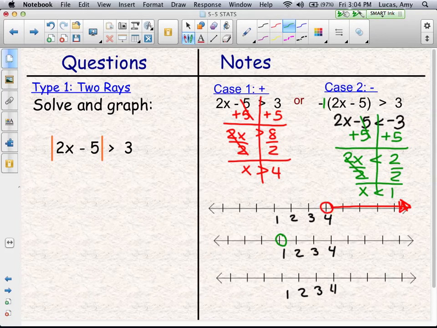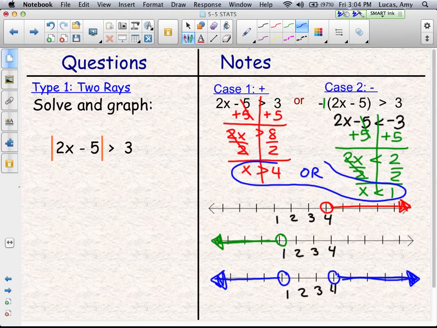Green one, open on 1, less than goes to the left. So if I unite them together, I am simply going to have 2 rays again. So here is my solution. And I can put the word or in between up here. There is our answer. X is greater than 4 or x is less than 1.